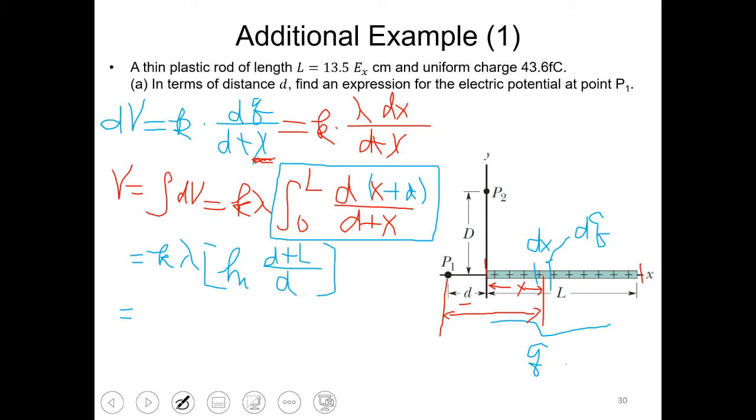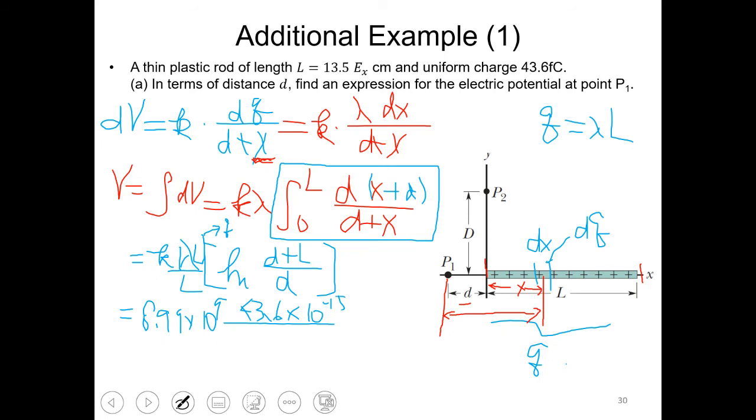We can multiply by L and divide by L, because lambda L is Q. So K is 8.99 times 10 to the 9, and then Q is 43.6 times 10 to the minus 15.